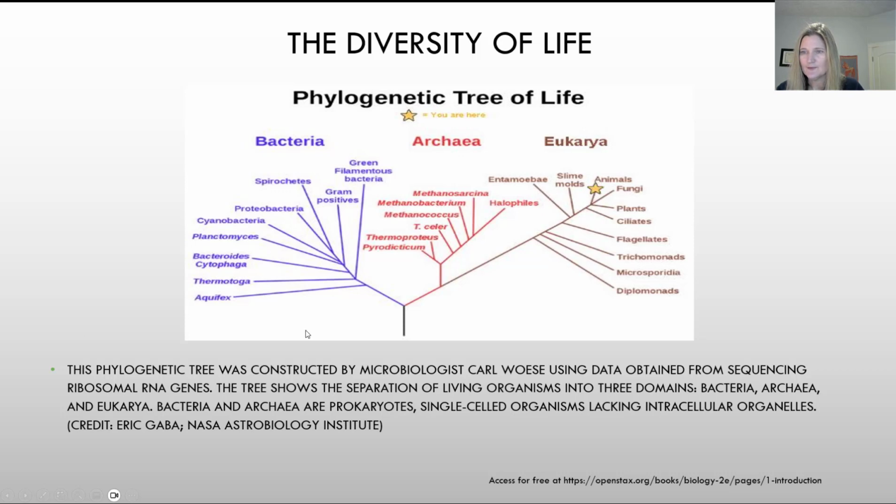So if we look at this phylogeny of life, all the living species on Earth, okay, we can see that animals and fungi and plants all are more closely related to each other than, say, animals are to green filamentous bacteria. Okay, so we're more closely related to a fungus or a plant than to a gram-positive bacteria. Okay, hey, that makes sense.